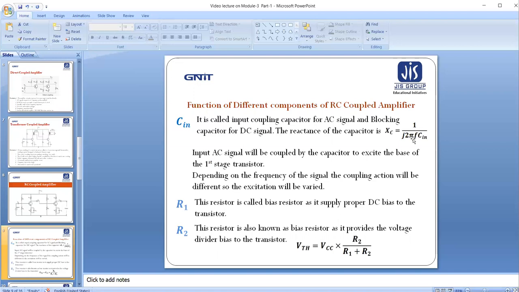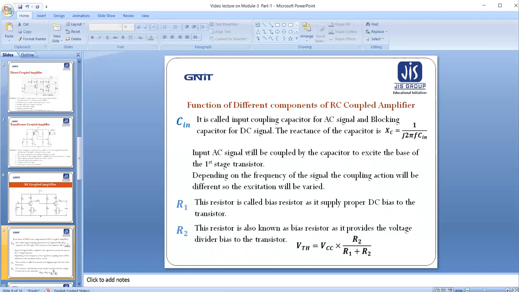Instead of omega, I have directly written 2 pi F. So when F is high, meaning AC signal, XC will be lower, so the AC signal will pass through the capacitor. But in case of DC signal, F is 0, so XC becomes infinity. So it is highly reactive to DC, meaning it will always oppose the DC signal from passing. Therefore, C-in is called the blocking capacitor for DC.